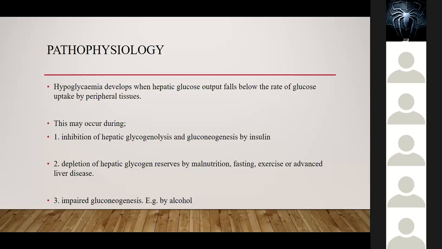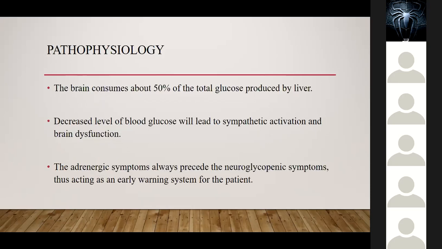So once you have an advanced liver disease or liver failure, the glycogen reserves will be depleted, and you would have a diminished amount of glucose to be released from breakdown of glycogen. So this would put you at risk of hypoglycemia. And also, if you take certain drugs or certain substances like alcohol, it can impair production of glucose from new sources, and this can lead to hypoglycemia.